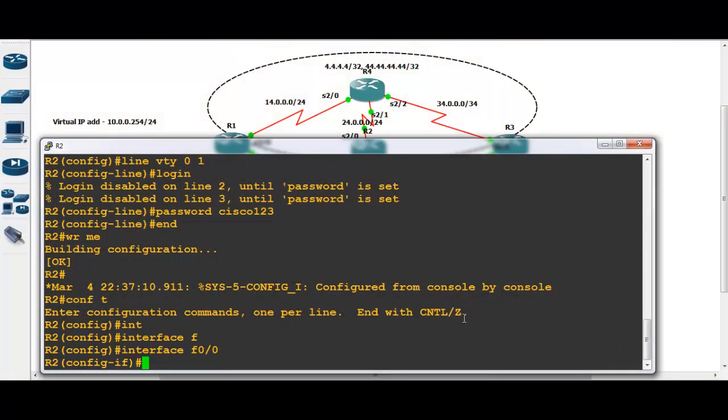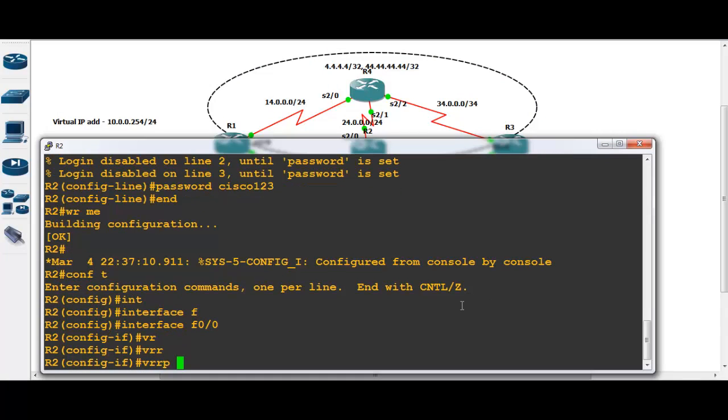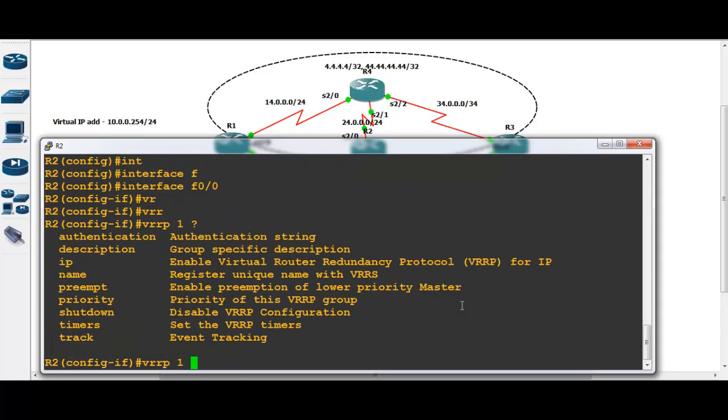So I'll say here vrrp, group ID. It should be the same group ID. You cannot change that. And then I'm going to use the IP command and give the same floating IP address, 10.0.0.254.